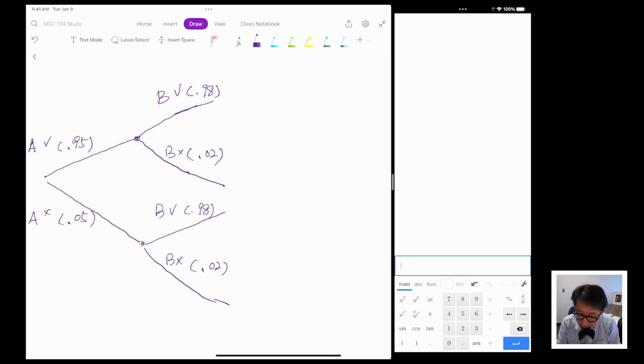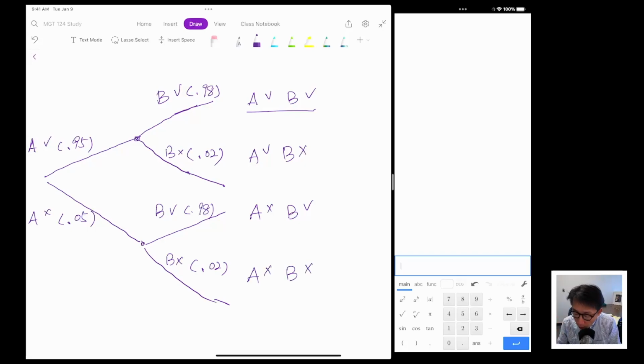A is working and B is also working, in this case the system will function. A is working but B is not working, obviously the system is not working. A is not working and B is working, the system is also not working. And A is not working and B is not working.